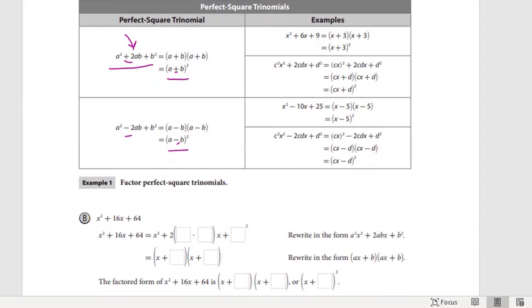So when we look at a couple of cases, we have x squared plus 6x plus 9. Now 9 is the same as 3 squared. X squared is x squared. So 6x is 2 times 3 times x.